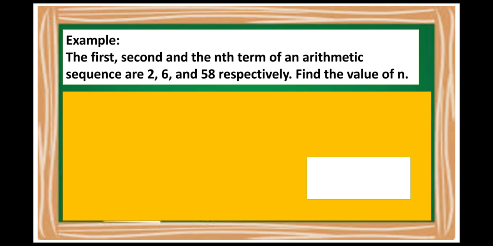Alright, listing down the information we have gathered from the problem, it says that a sub 1 is equal to 2, a sub 2 is equal to 6, and the nth term a sub n is equal to 58. And we don't know the number of terms. So that's what we are looking for, the value of n.